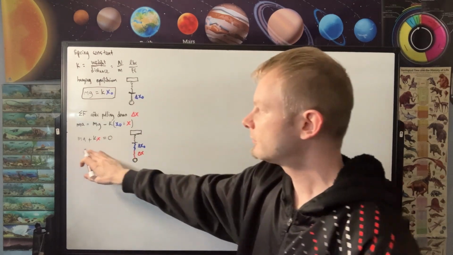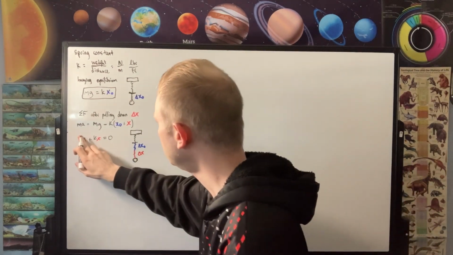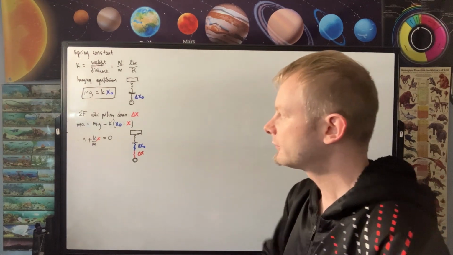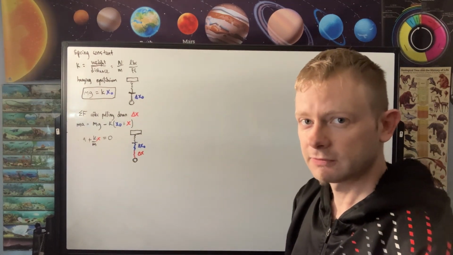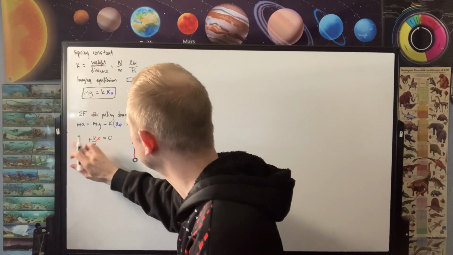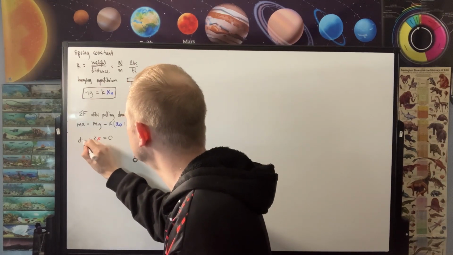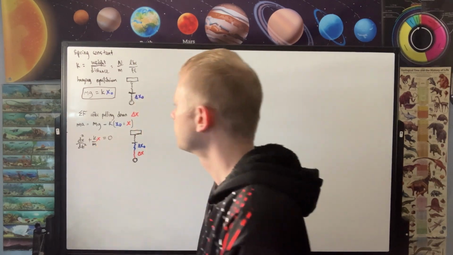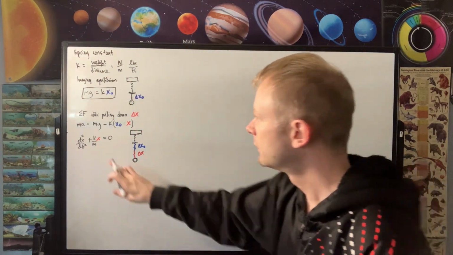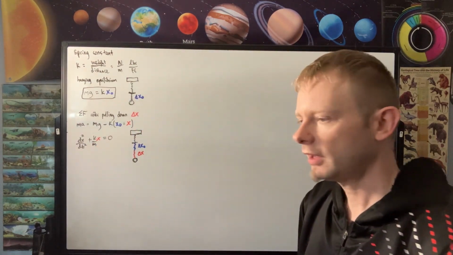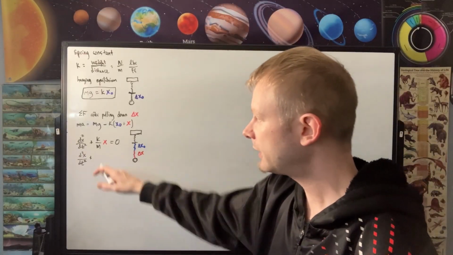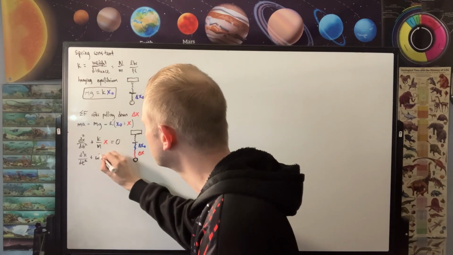Okay? And then we can divide this whole thing by m. So we're just going to get rid of it here, and we're going to divide it over here. And of course, acceleration is the second time derivative of position. So let's go ahead and rewrite this as d squared x divided by dt squared, the second time derivative of x, plus k over m x equals 0. Furthermore, we can replace the k over m with w squared.